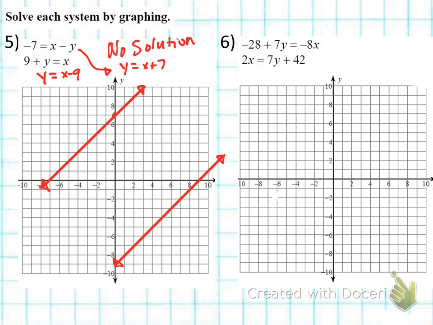On this example, this first equation is going to be y is equal to negative 8/7 x plus 4. This one's going to be y is equal to 2/7 x minus 6.